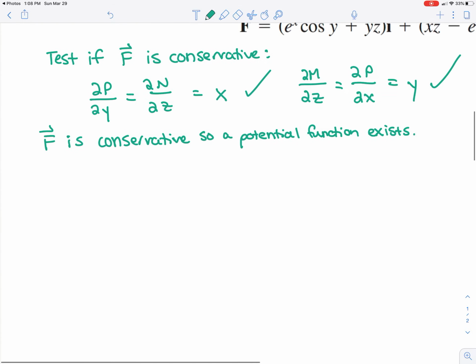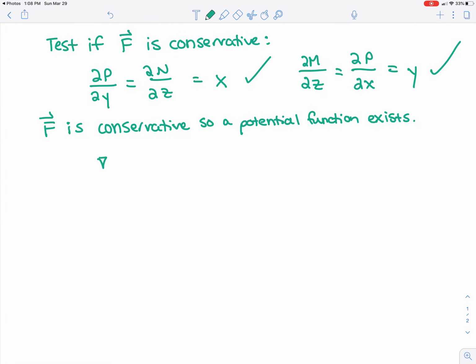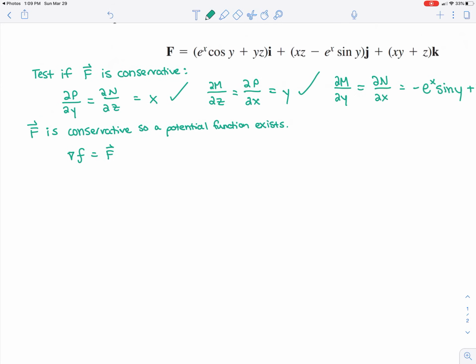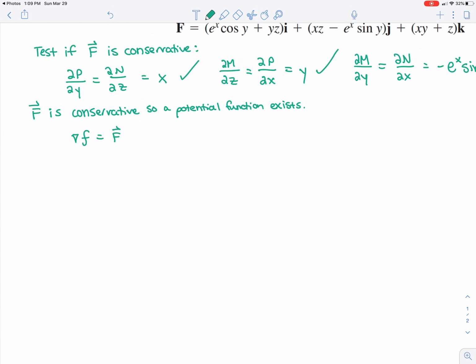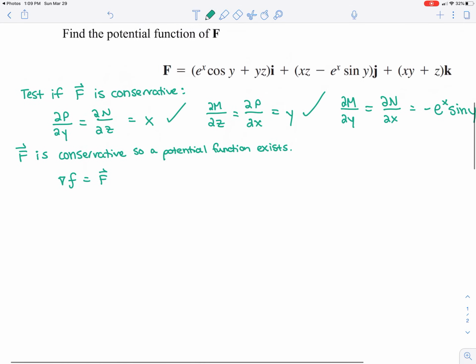And that will be in the form, the gradient of the potential function is equal to what we have up there. So we need to ungradient this in order to find just f by itself. So we know in this case, the gradient is equal to the partial derivative of f with respect to x, that's the i component.